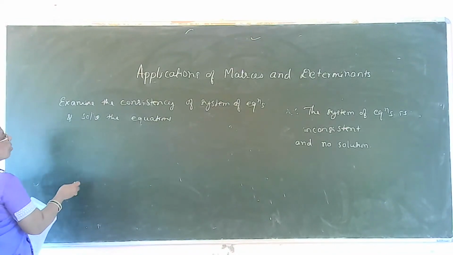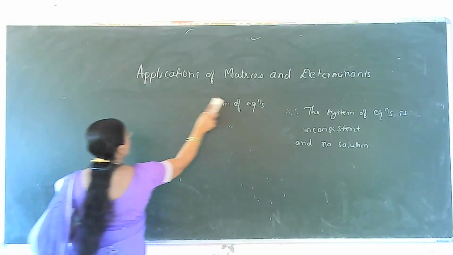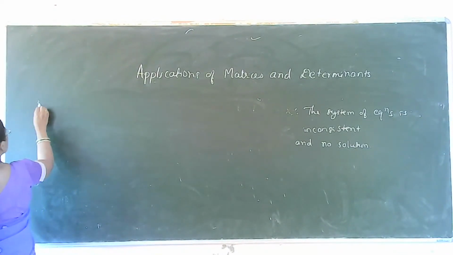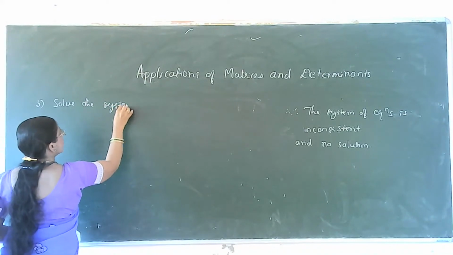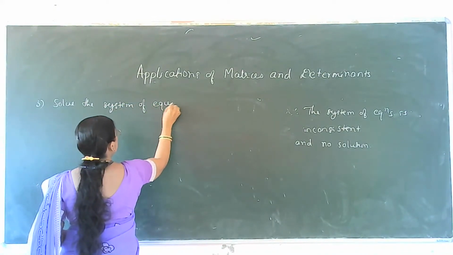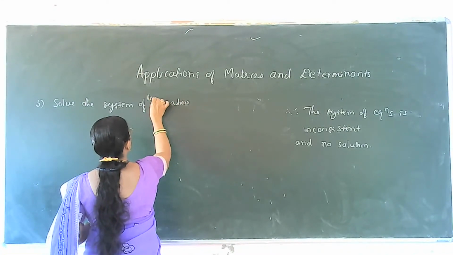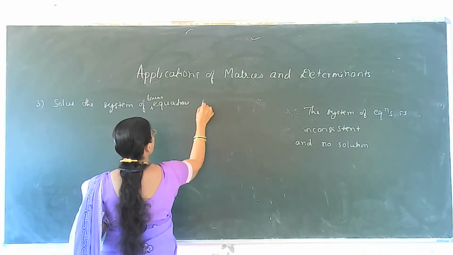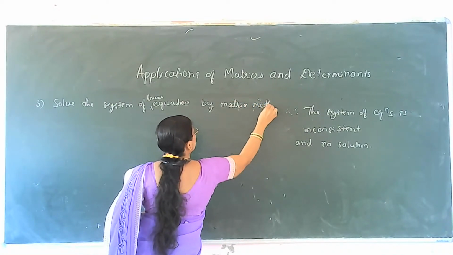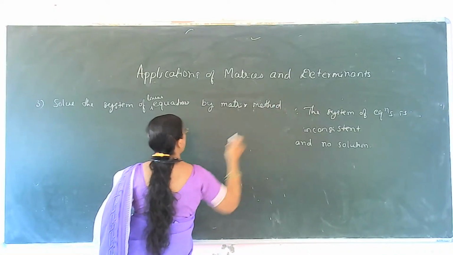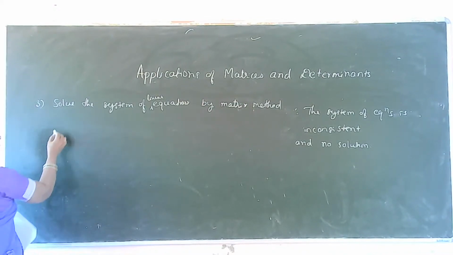Solve the system of linear equations by the matrix method. Here, using matrices and determinants, therefore we call it the matrix method.